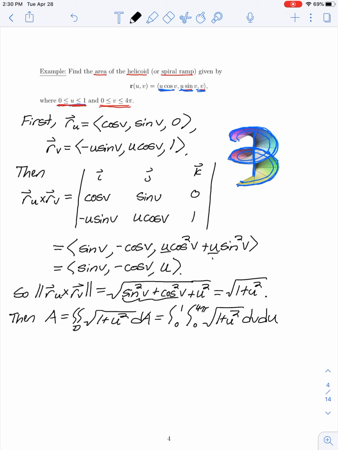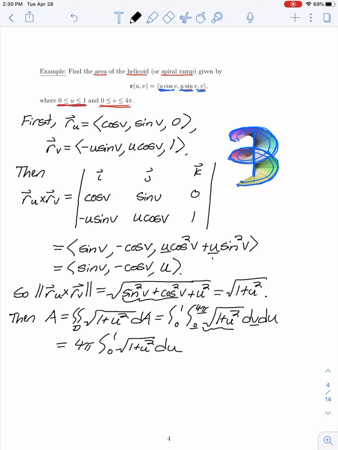As with our last example, this inner function is a constant with respect to v. So if we pull that constant out in front, I'm left with just the length of my interval, 4 pi. So we have 4 pi times the integral from 0 to 1 of the square root of 1 plus u squared du.